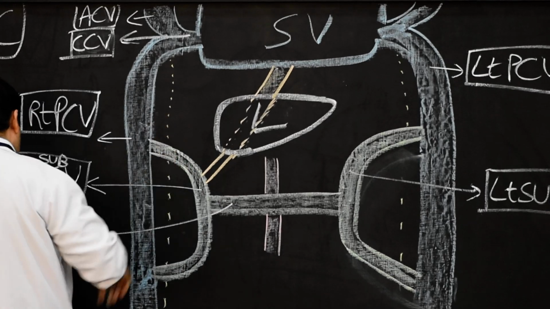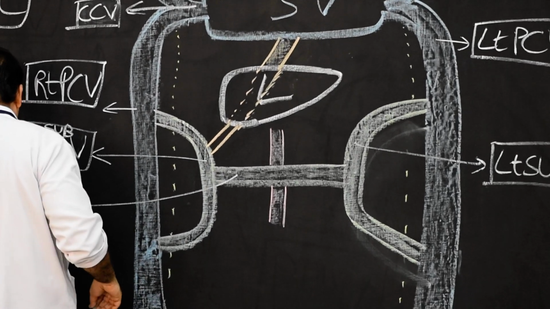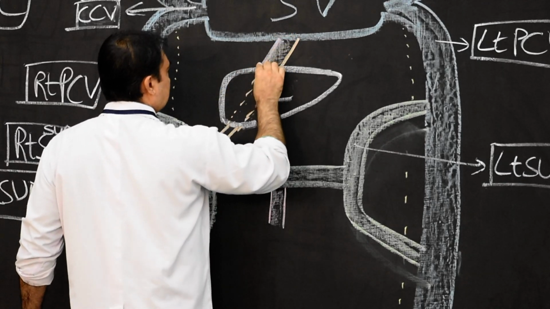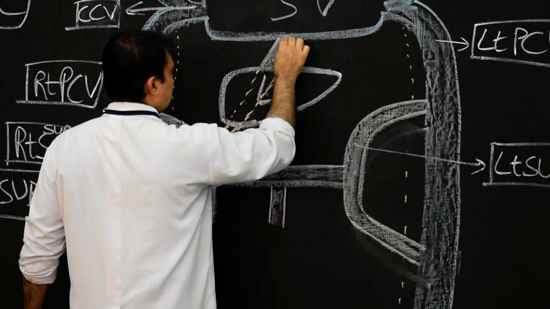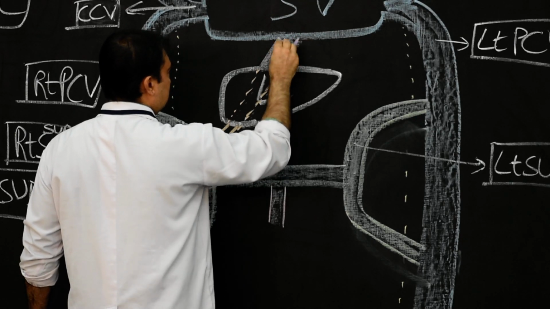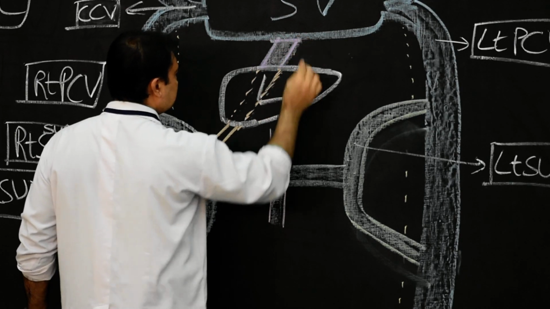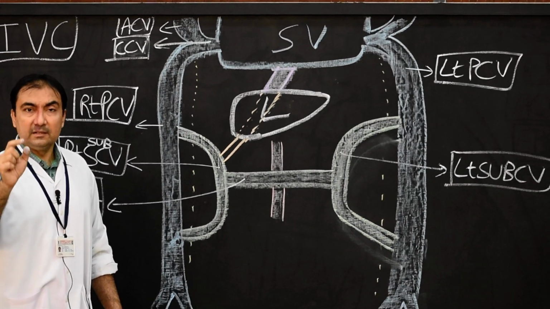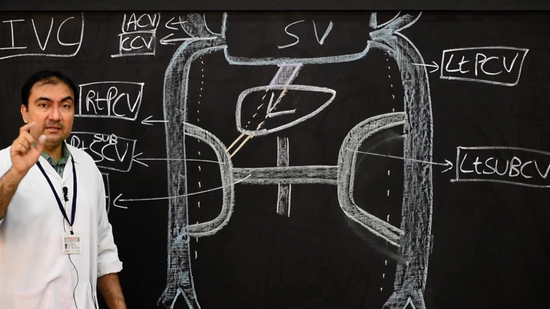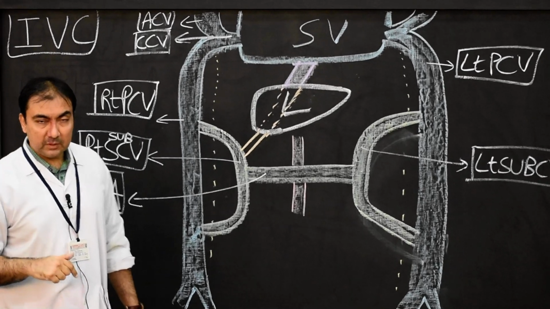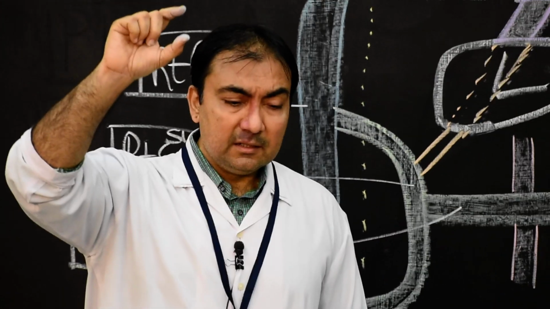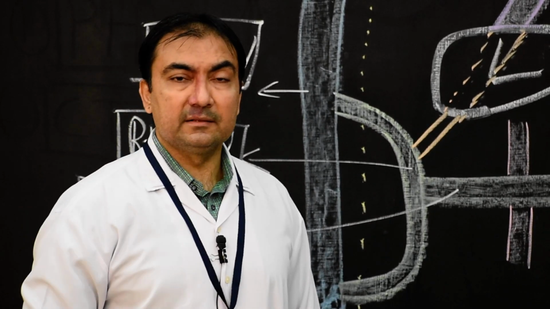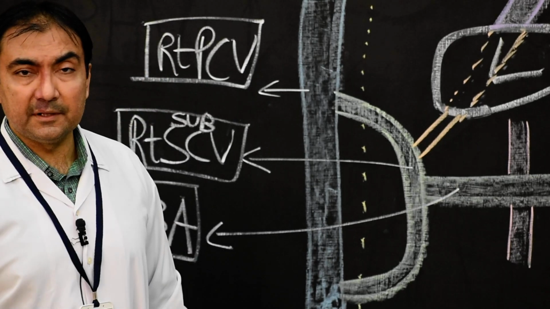And this segment, let me represent it in violet color. So here it will join this segment, which will be known as the right hepatocardiac channel, or the right common cardiac channel. If you recollect the development of the portal vein, it is the cranial most part of the right vitelline vein, when we discussed the development of the portal vein.